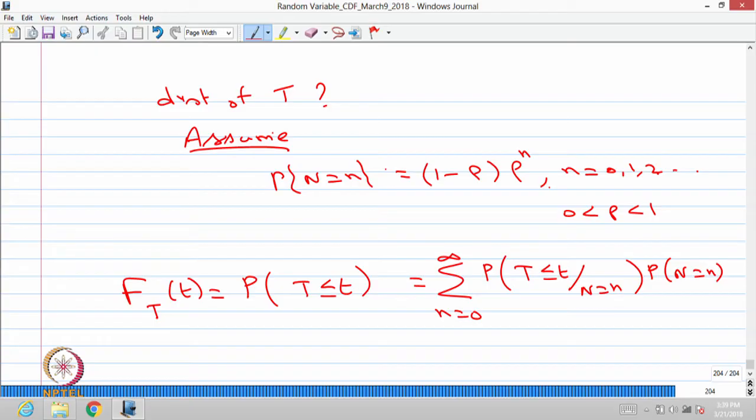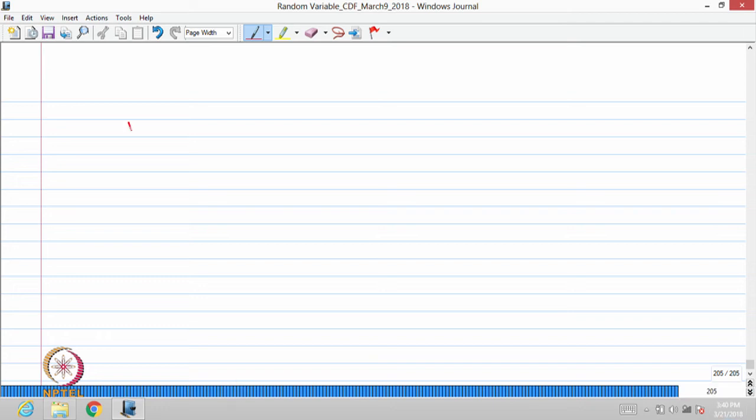That means finding the distribution of T using the conditional distribution of T, through the random sum concept, and then the total probability theorem. But for that, we should first find the conditional distribution of T given that n takes a value small n.